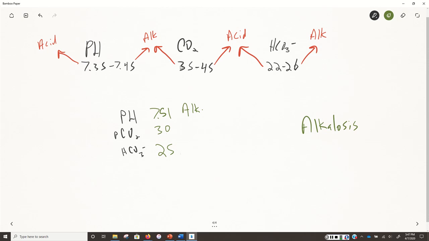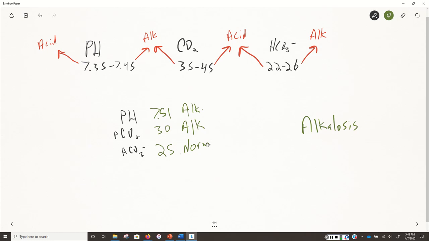Well, that's below 35, so follow our arrow. That says alkaline. Go down to our bicarb, which says 25. Where's that? Well, that's right here in the middle. So it's normal. It's not on either side. Once we've filled out our pH, we got our condition, alkalosis.